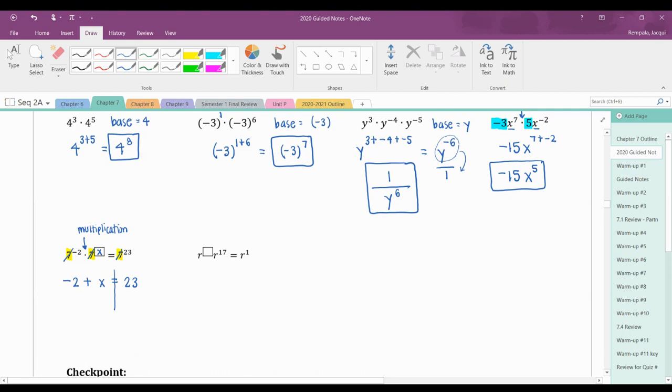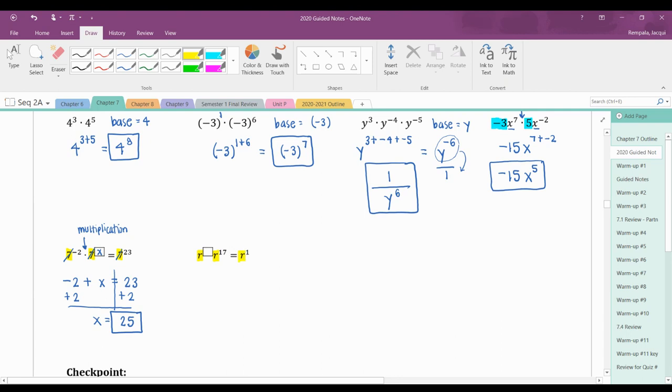So now we just have a one-step equation. I've got to get the x by itself. So I'm going to add the 2 over to the other side. That'll get me x by itself. Well, 23 plus 2 is going to give us 25. So I'm just going to circle that number because that's the number that should go into the box. That is my answer.